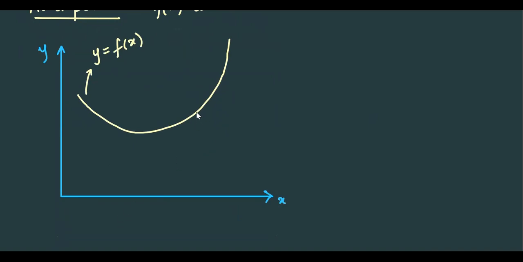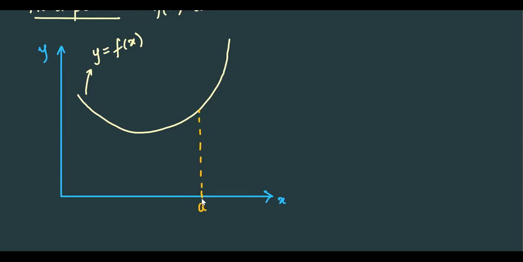Now let us take some point a here. Look at what I am explaining now. Please pay very careful attention. You will understand differentiability beyond a doubt when I explain at this point.